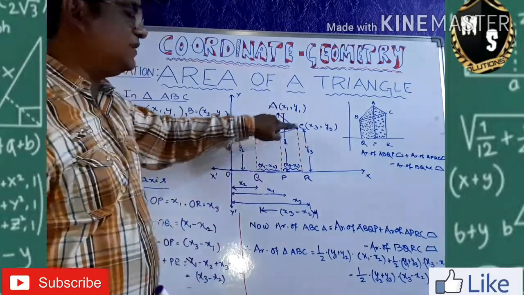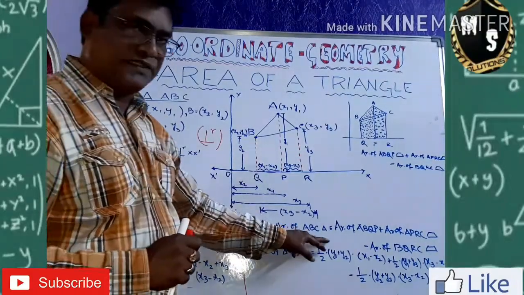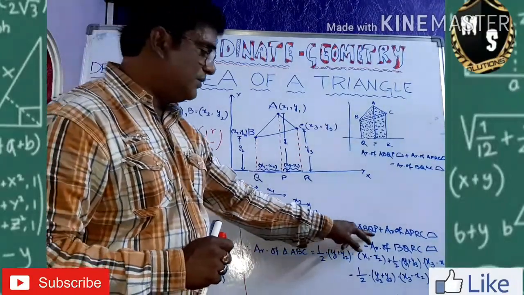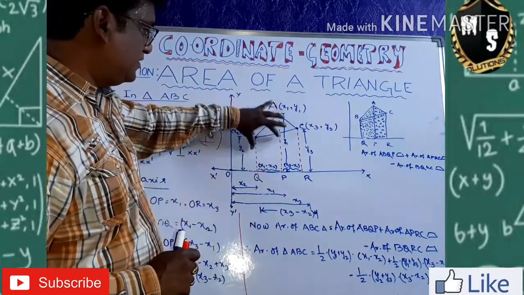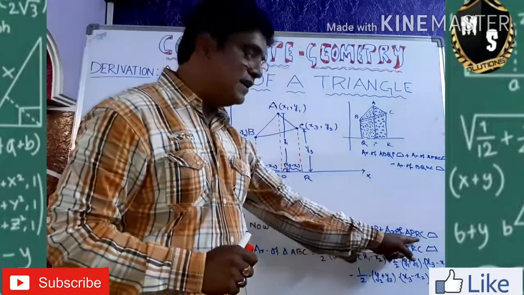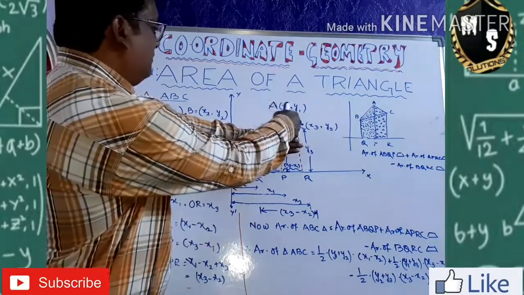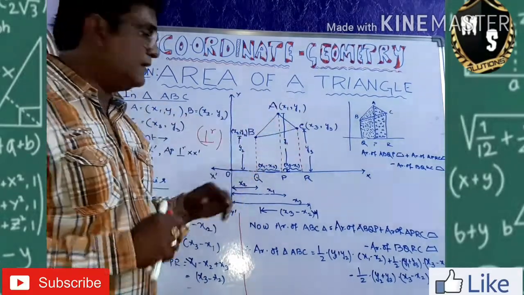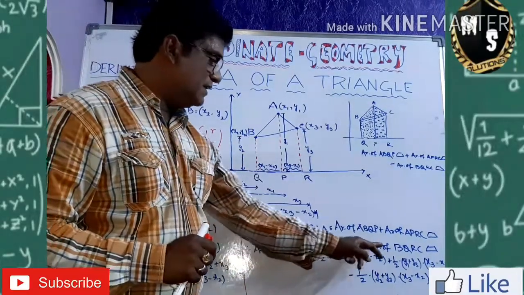The area of ABC will come. So that is written here. Now area of triangle ABC equals area of trapezium ABQP, this trapezium area, plus this trapezium area APRC, now minus this trapezium area BQRC. See what is coming? Area of ABC triangle. I hope you understood.